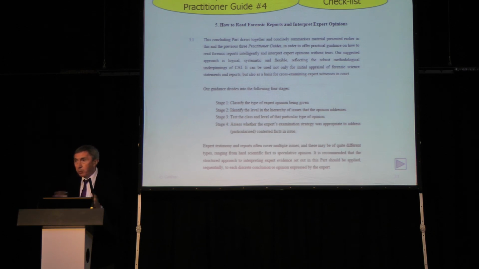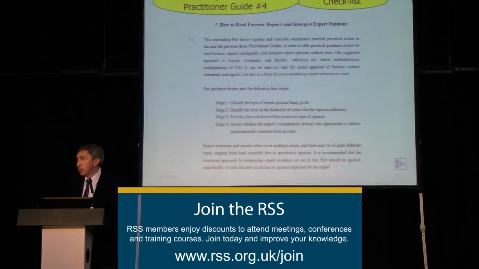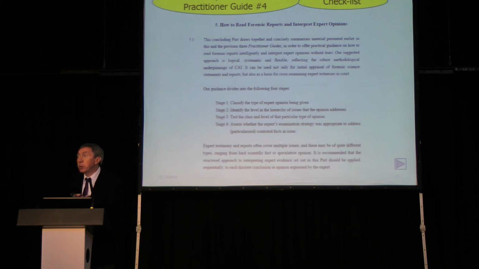But in the end, it's impossible to eliminate all forms of bias. And I think the only balance comes through an adversarial system which has a defence which is equally armed as the prosecution, or some kind of strong regulation of forensic science. At the moment, we've got strong regulation of the technical aspects of forensic science, but maybe not strong regulation of the opinions that we give.